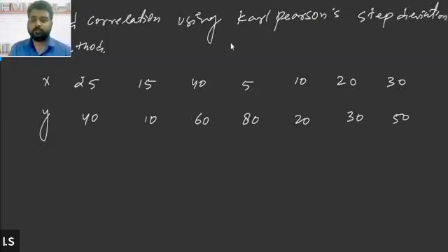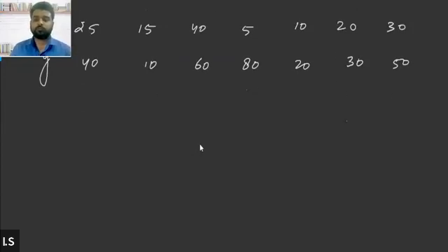Okay, so this is the question, Alexander. We need to solve this question applying the step deviation method. So as usual, first of all, we will write this question in the vertical format, and after writing it in the vertical format, we will write down the formula for finding the correlation by the step deviation method, then decide what step we have to take, and accordingly make the different columns. So first of all, just write it in the vertical format.